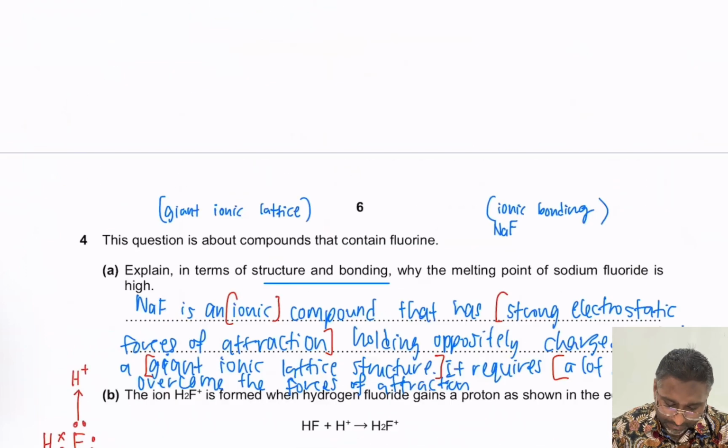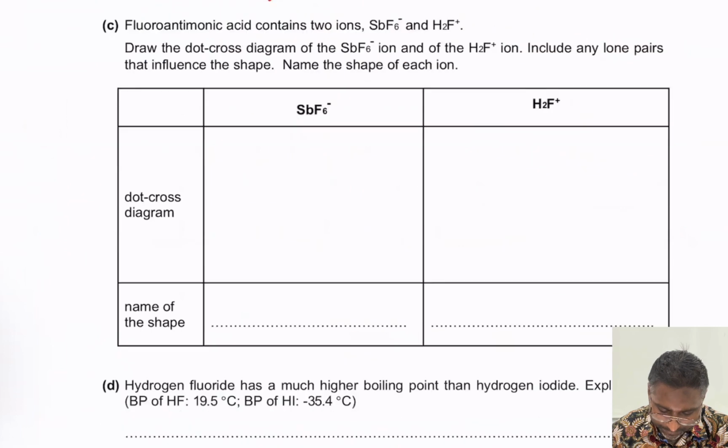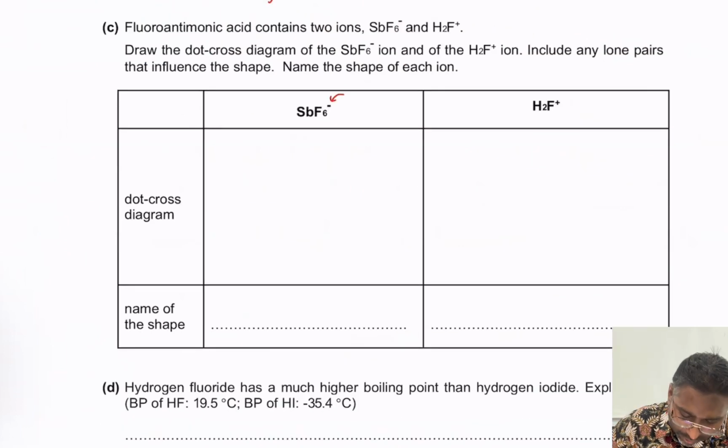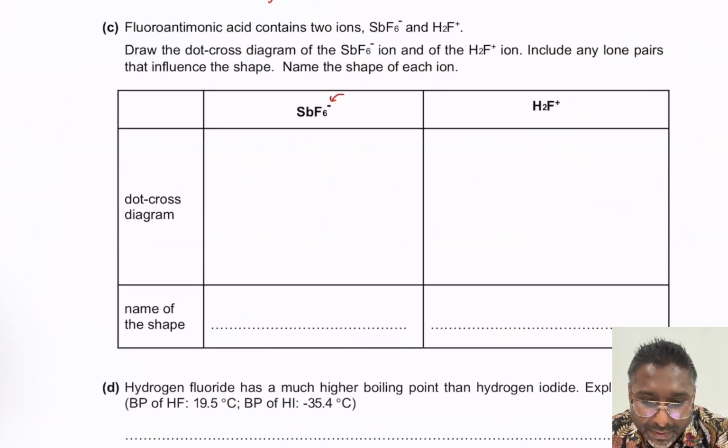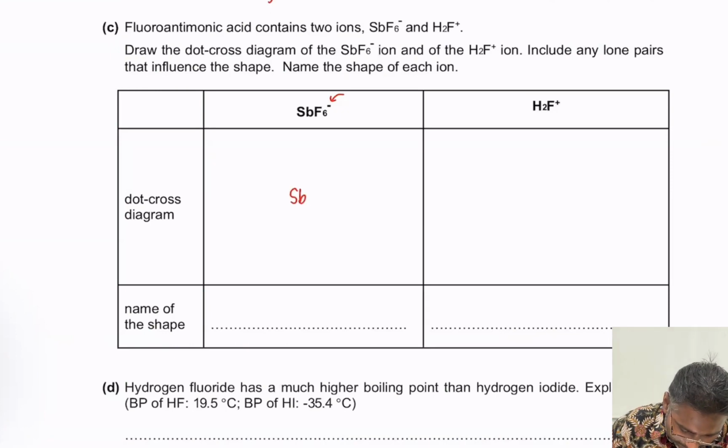Do have a look at this negative charge. Negative means there is 1 more electron coming in from outside, so you have 6 electrons. So Sb has 6 electrons, and then we are going to join with 6 F ions. Sorry, there are 6 F. So what we do for the dot and cross diagram is I just put it like this.